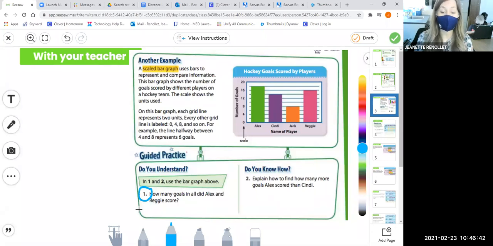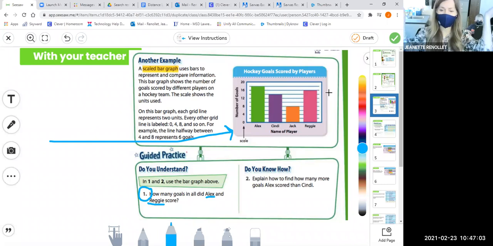How many goals in all did Alex and Reggie score? So using the graph, we're going to look first at what this graph is talking about. What are our categories? And what is the scale? What are we counting by?